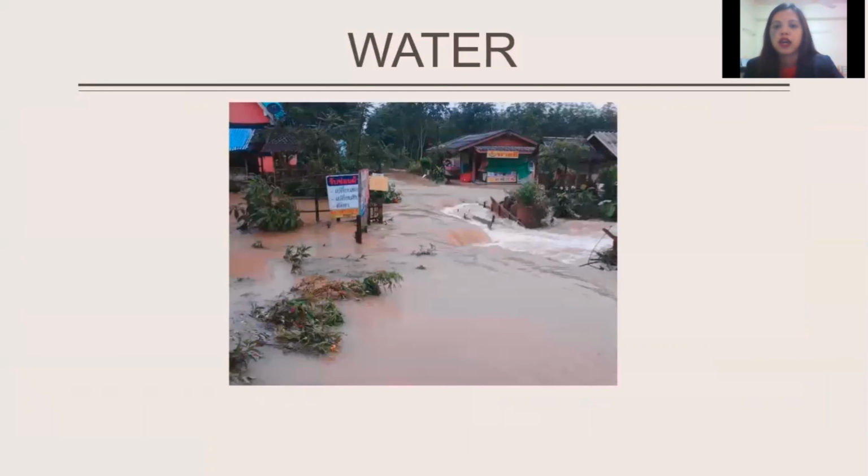Next, sometimes water is also not good for all living things. It can also cause destruction or damage to other living things, such as this one. As you can see, some plants were destroyed by too much water, also called a flood, right?